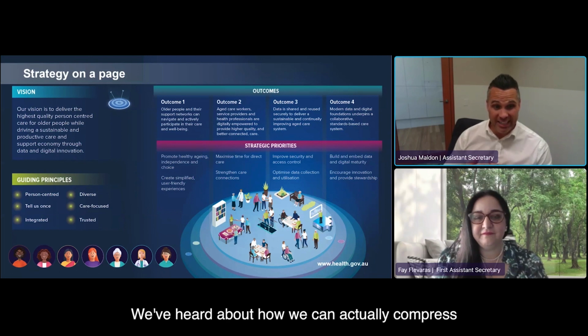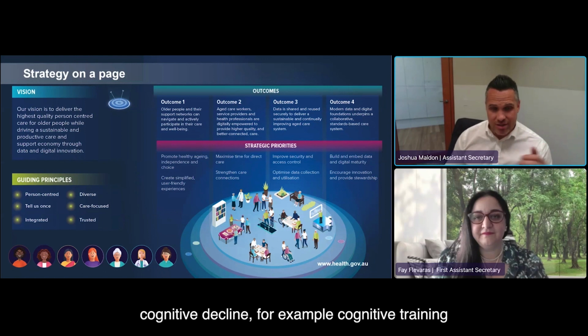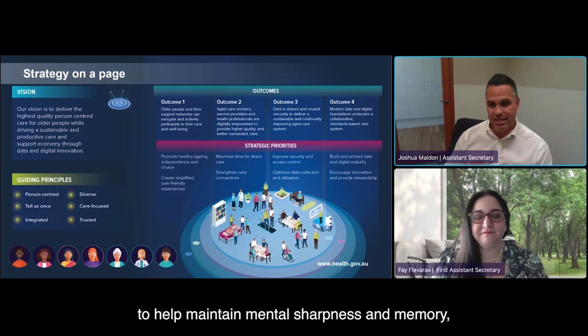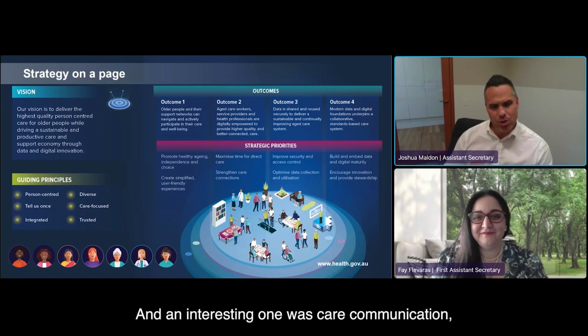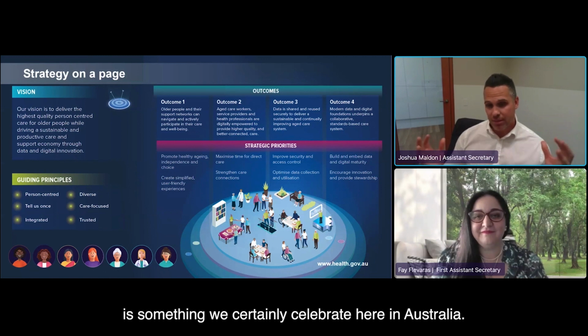Heard about how we can actually compress cognitive decline, for example, cognitive training to help maintain mental sharpness and memory. Social support, for example, virtual companions to combat loneliness. And an interesting one was care communication, translation services to facilitate communication between people with different languages, which is something we certainly celebrate here in Australia.